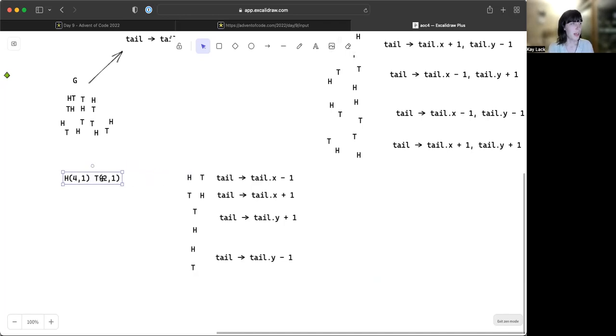And so we can say the difference is, if we take head minus tail, it's 2, 0. This then, let's say this would be the opposite. This would be minus 2, 0.